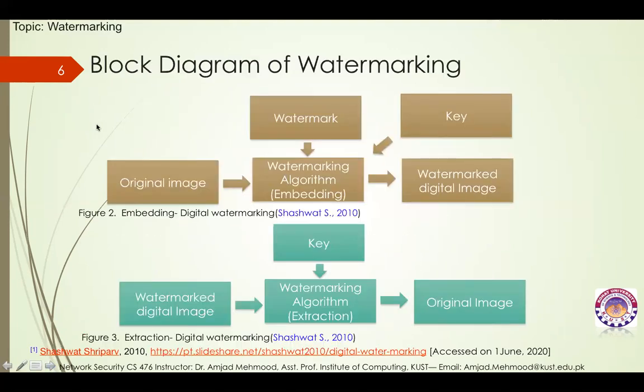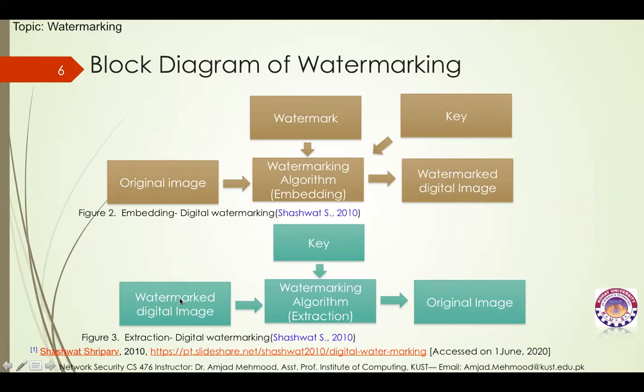This is the basic building block of watermarking. There are two processes involved in watermarking. One is called embedding and the other is called extraction. In embedding, you feed the original image to the embedding algorithm, and you also feed the watermark and key to the embedding algorithm, and it generates the watermarked digital image.